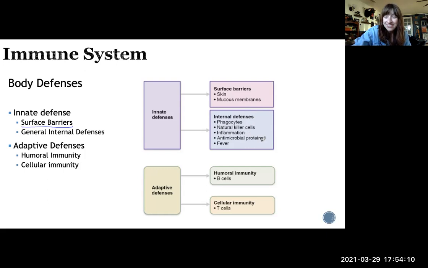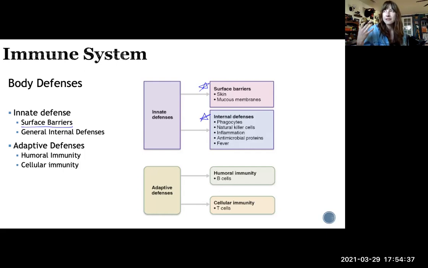Antimicrobial proteins, they have the purpose of inhibiting infection and basically getting in the way of bad things. And fever, which is a really important response that your body has to really any living pathogen. Raising the temperature helps.